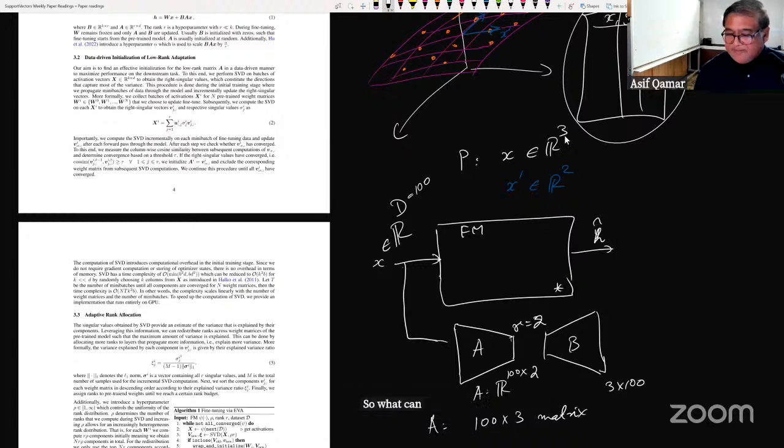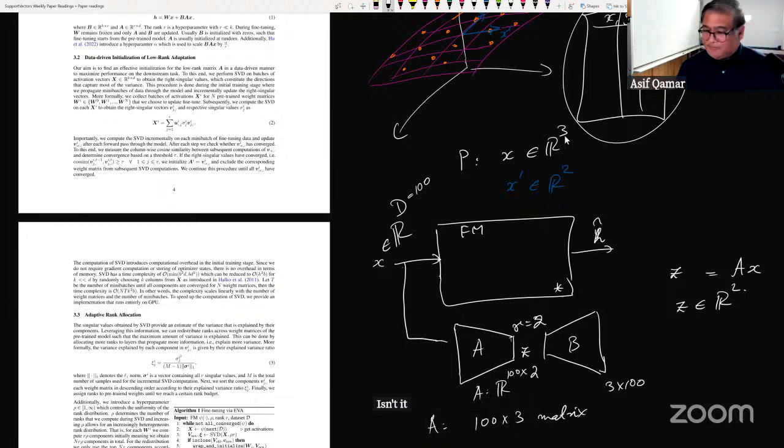So what can happen? X will go in, right? And A of X will be a vector. Let me call this latent space Z. Z is equal to A of X. Z will belong to, let's say, two dimensions. It will be a two-dimensional vector, isn't it?